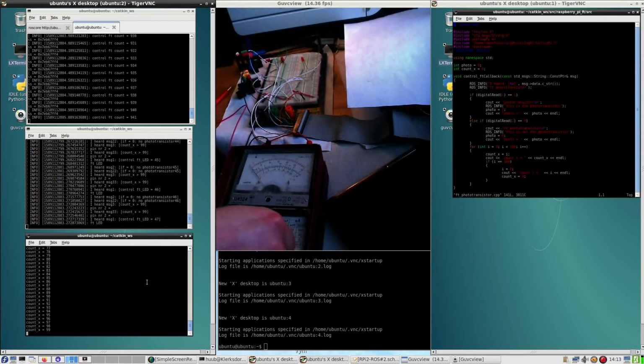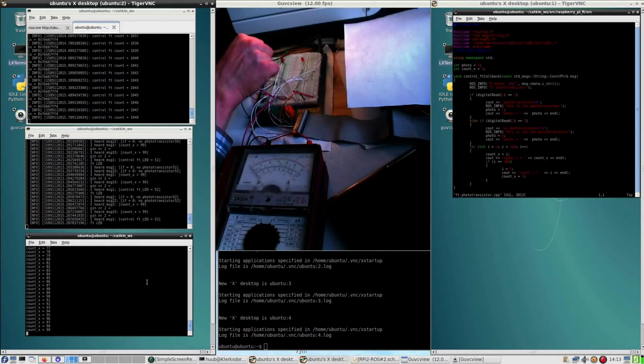Let's go to 12 volts, or more appropriately 3 volts. So, any more results? Not really.